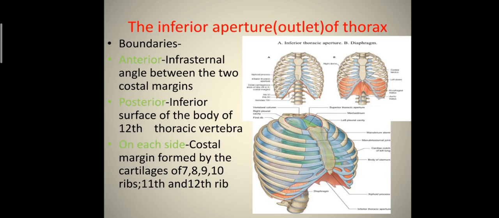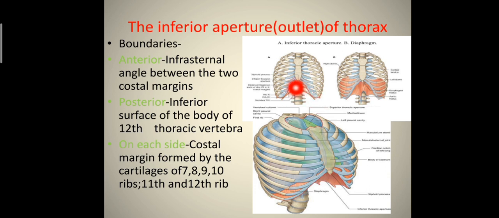Now, inferior aperture or outlet of the thorax. This one is the inferior aperture or outlet of the thoracic cage. It is separated from the abdominal cavity by the abdominothoracic diaphragm. The boundary of the outlet anteriorly is the infrasternal angle between the costal margins. This one is the costal margin, and between the two costal margins is the infrasternal angle.